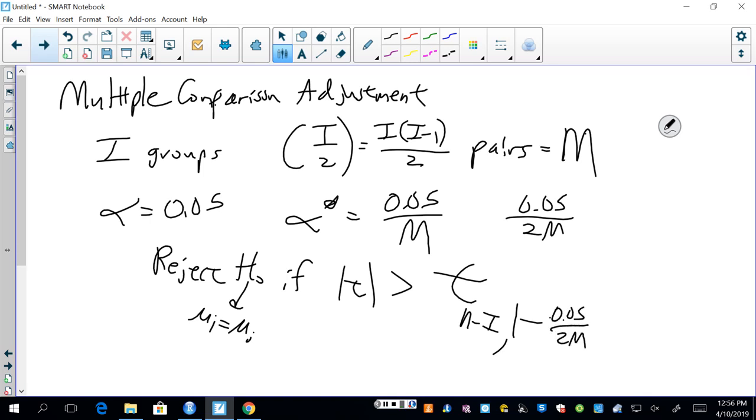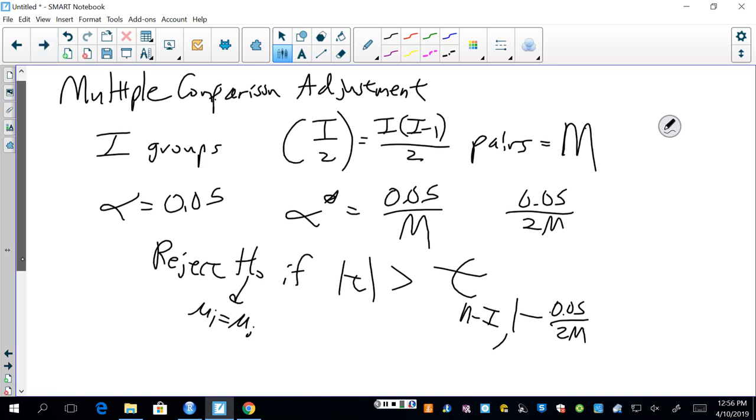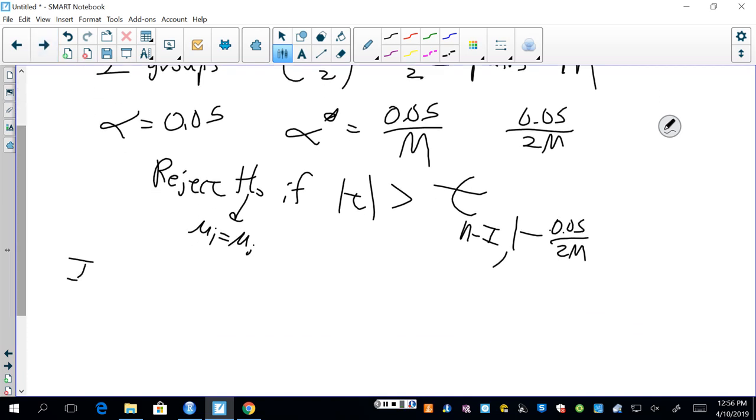So we take a further point out there. So in this case, with I equals 4, my number of multiple comparisons is 6. And so this is 1 minus 0.05 divided by 12. And for that little calculation out there, it's going to be further out.